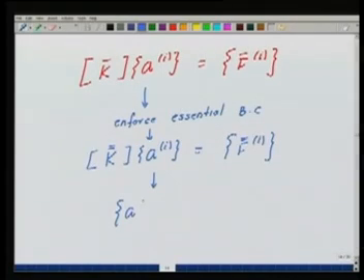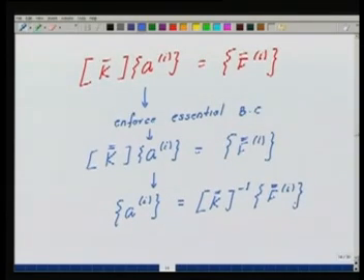You will get ai is equal to k double bar inverse into f double bar at station I. Okay. So I can construct the solution at time station I using all the information at station I minus 1 and the load vector at station I itself. So this I can do.